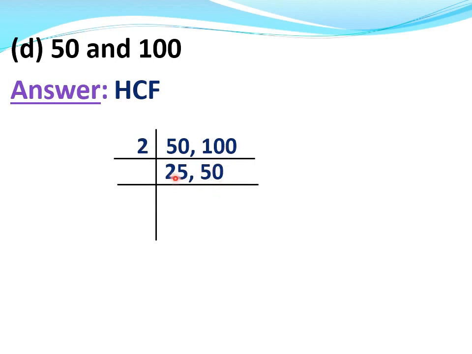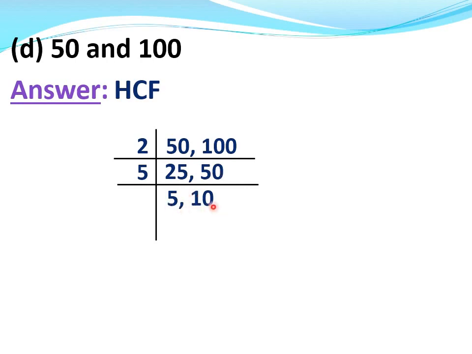Now factorize 25 and 50. Now divide 25 and 50 by common prime factor. See, 25 and 50, both numbers are divisible by 5. Write here 5. See, 5 multiply 5 equal 25, 5 multiply 10 equal 50. Now factorize 5 and 10.